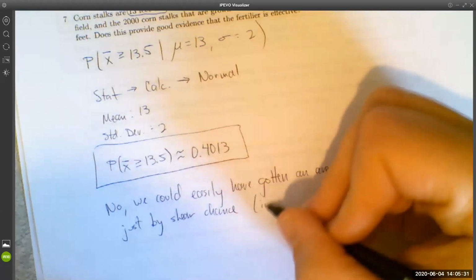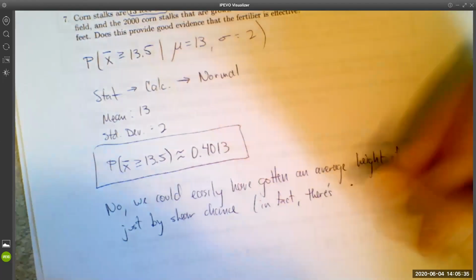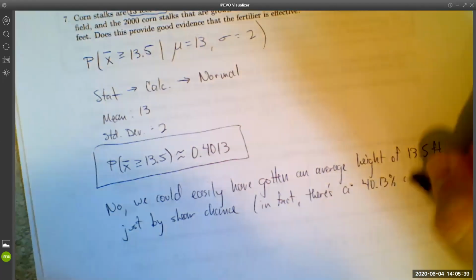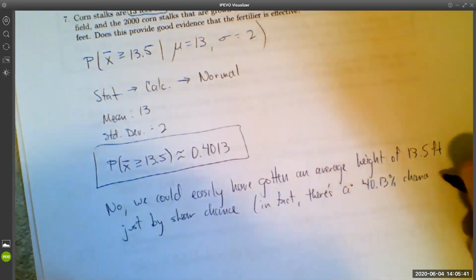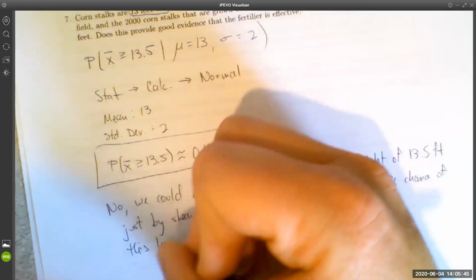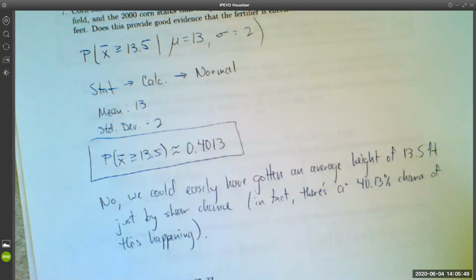In fact, there's a 40.13% chance of this happening.